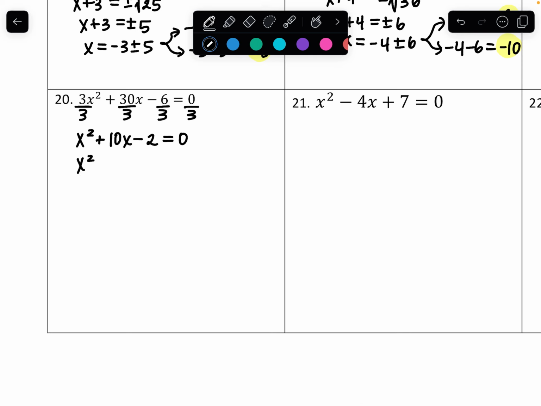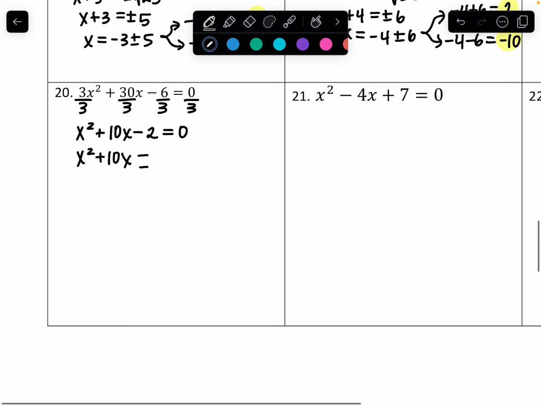And then now we can move the 2 over. Make room for the boxes.